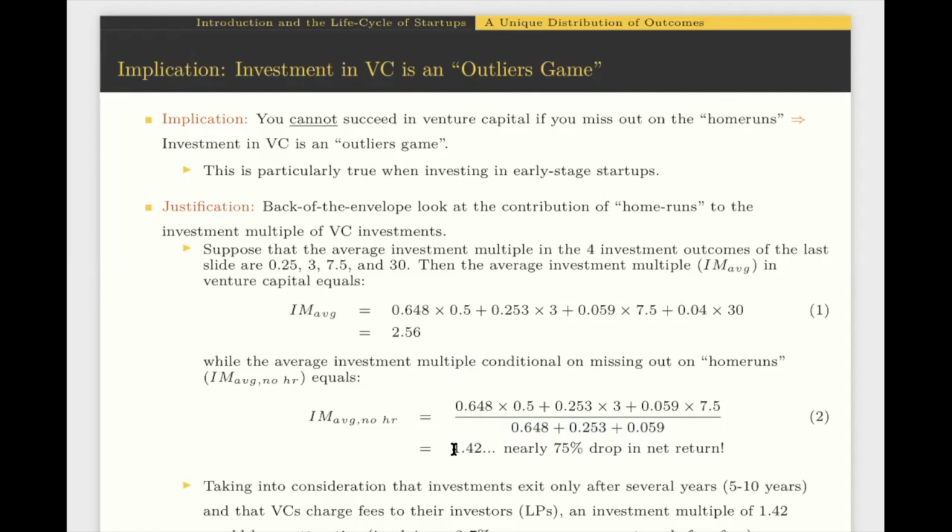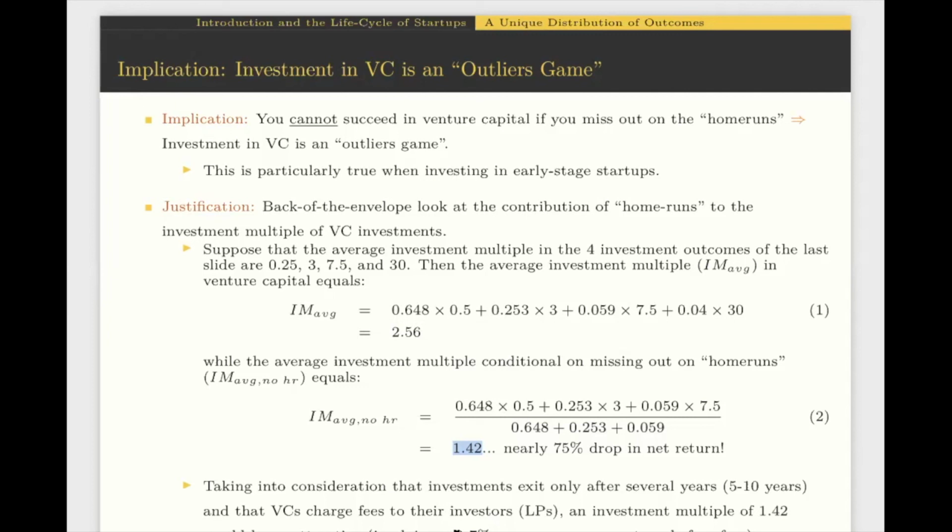And if you want to get a sense of what an investment multiple of 1.42 represents from the perspective of investors investing in a VC fund, if a VC fund was missing out on this 4% of home runs, the average return that the investors in the venture fund would earn, this is even before fees. So before fees, as I said, 2.56 translates to a more than 14% return.